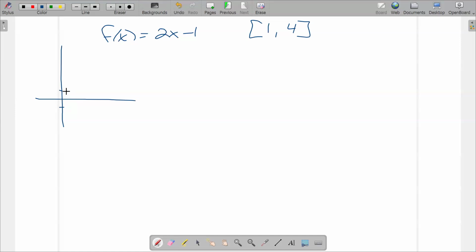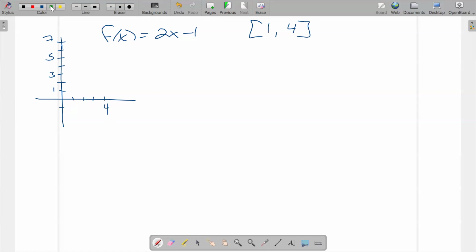So negative 1 down there, 1, 2, 3, 4, 5, 6, 7 up there, and then 1, 2, 3, 4 over there.